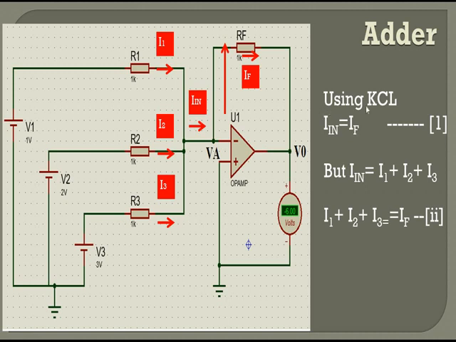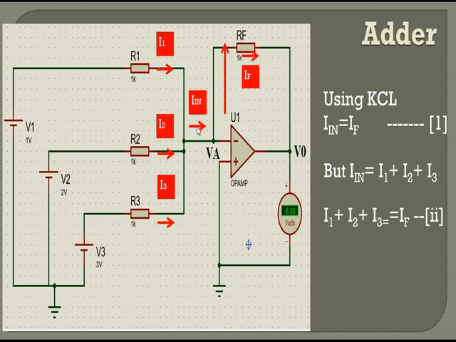Firstly, we use Kirchhoff's current law. Kirchhoff's current law tells that the current entering a node is equal to the current leaving the node. So the current entering the node, I in, is equal to the current leaving the node, IF.